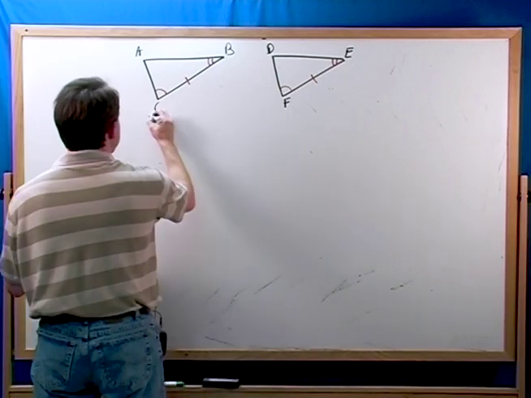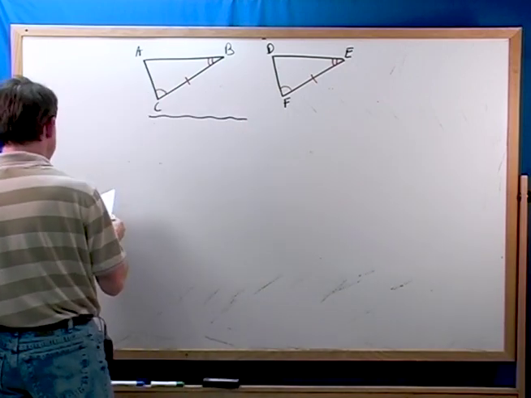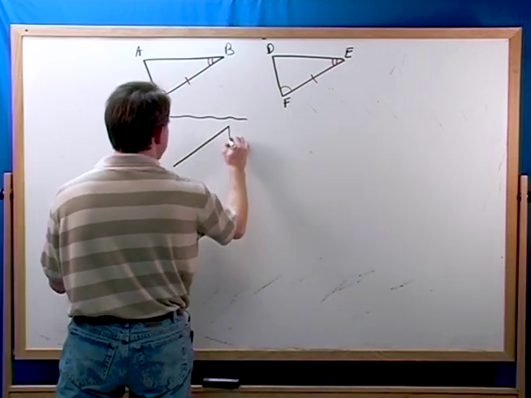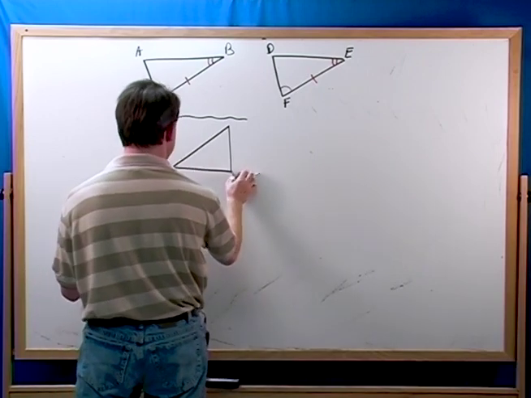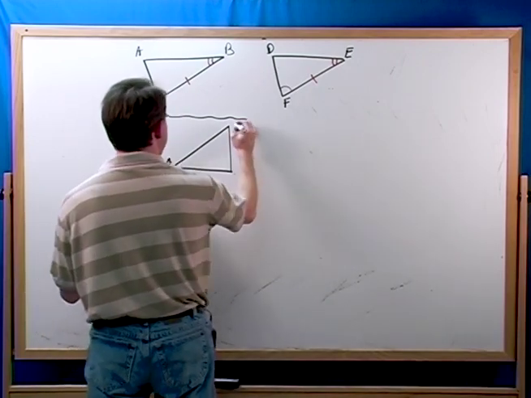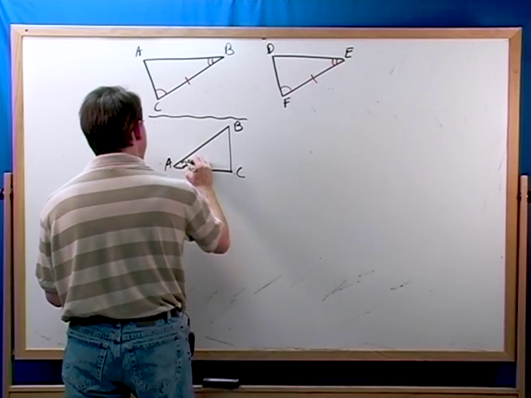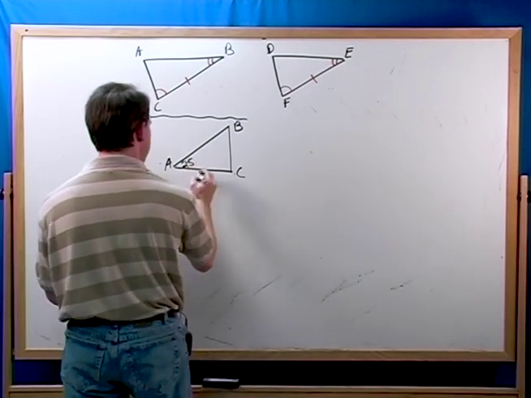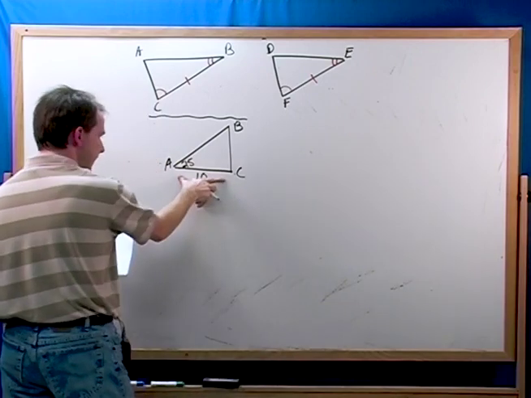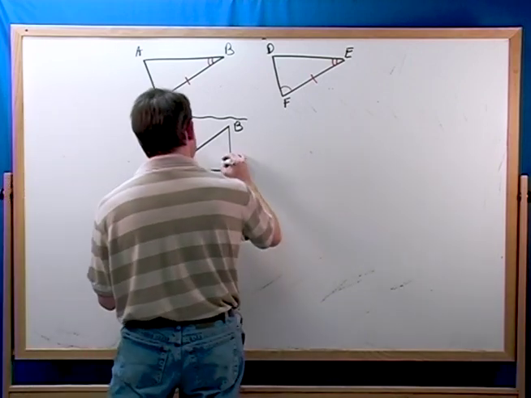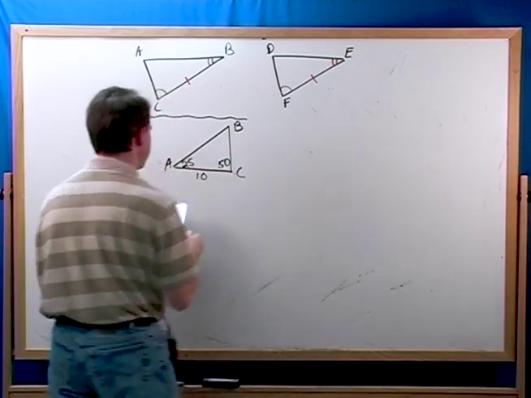So let's just do a quick example to show what we're talking about here. If you have a triangle that looks like this, A, B, C, this angle, let's say, is 25 degrees. This side has a length of 10, and this angle is 50 degrees.